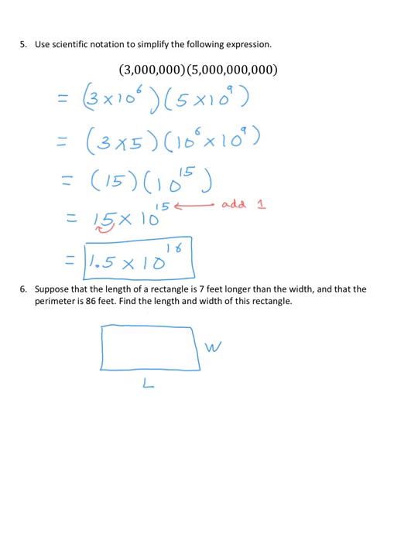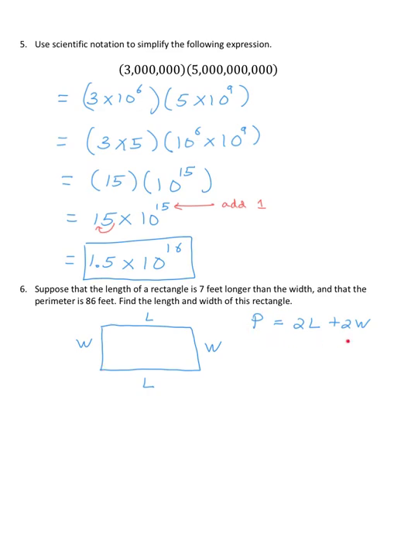If I label my sides as L and W, P for perimeter is equal to 2L plus 2W. The reason for this is it's L plus W plus L plus W again.